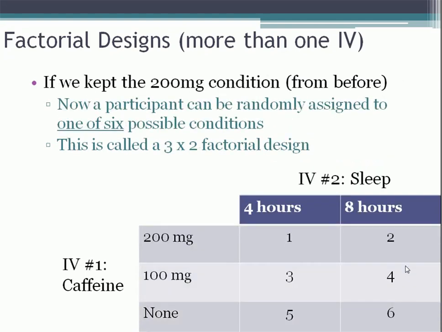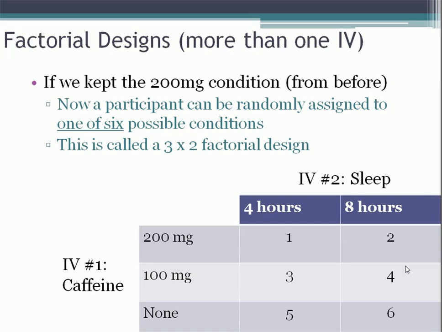Now, using the previous example, what if we wanted to have that 3-level independent variable? So if we kept that 200 milligram condition from before, this becomes what we call a 3x2 factorial design, because we have one independent variable that has 3 levels, one independent variable that has 2 levels, and 3 times 2 is, that's right, 6.